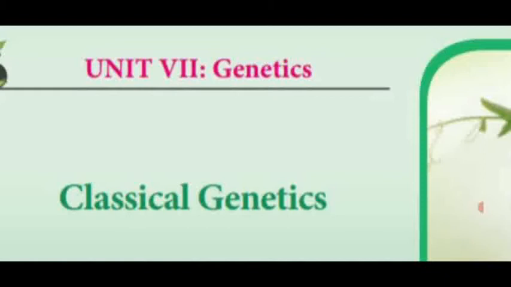Next one, law of segregation. The alleles do not blend their characters, but are expressed in a different form in both generations. In the F1 generation only the dominant character is expressed, but in the F2 and F3 generations both dominant and recessive characters are expressed.